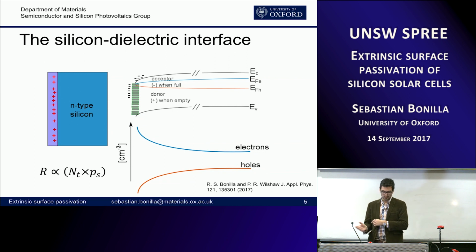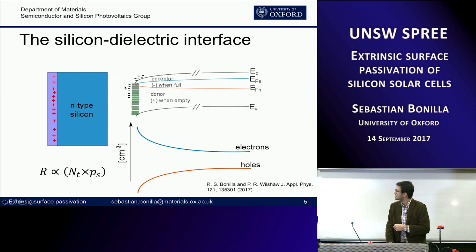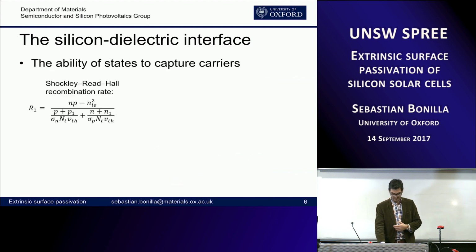So depending on what type of charge is being mirrored in these interface states, we would have field effect or charge-assisted passivation, which is more or less effective. And this is a key component of how we understand how we passivate silicon surfaces. So that's one thing that I wanted to make clear.